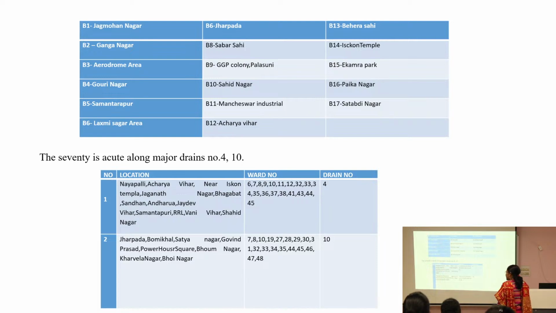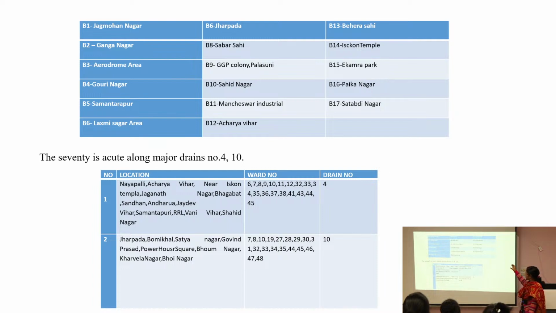According to the risk map we have located the locations, which locations are the risk zone. In Bhubaneswar we have B1, B2, B3, B4, B5, B6, so Jagmohan Nagar, Ganga Nagar, then aerodrome area, Gauri Nagar, Samantrapur, Lakshmi Nagar area.